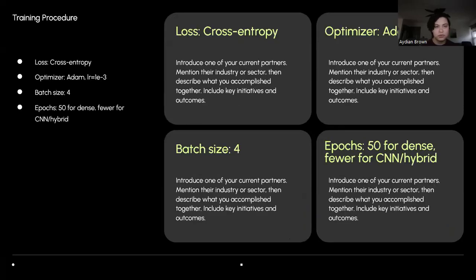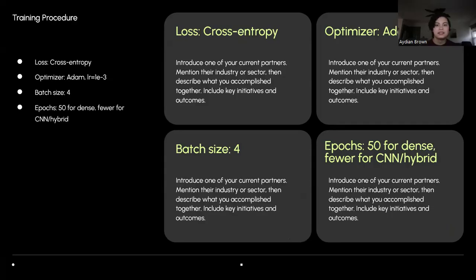All models were trained using cross entropy loss and optimized with Adam at a learning rate of 0.001. We used a small batch size of 4 to ensure stability, given the small data set.